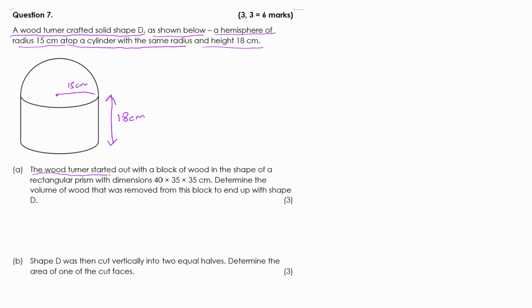The wood turner started out with a block of wood in the shape of a rectangular prism with dimensions 40 times 35 times 35. Determine the volume of wood that was removed from this block to end up with the shape shown above. So, we know that if he started with a rectangular prism, it's just going to be 40 times 35 times 35.